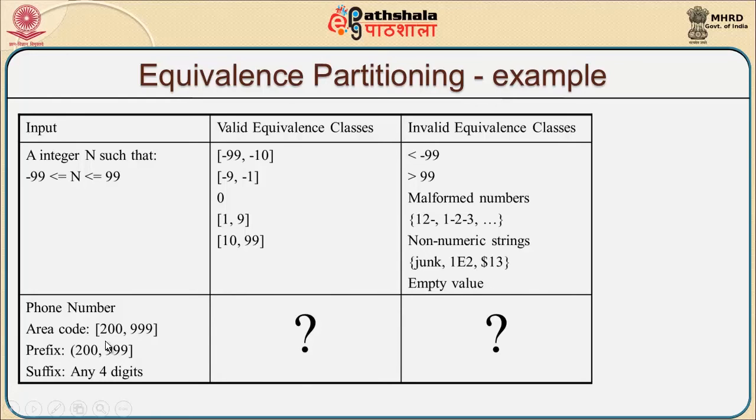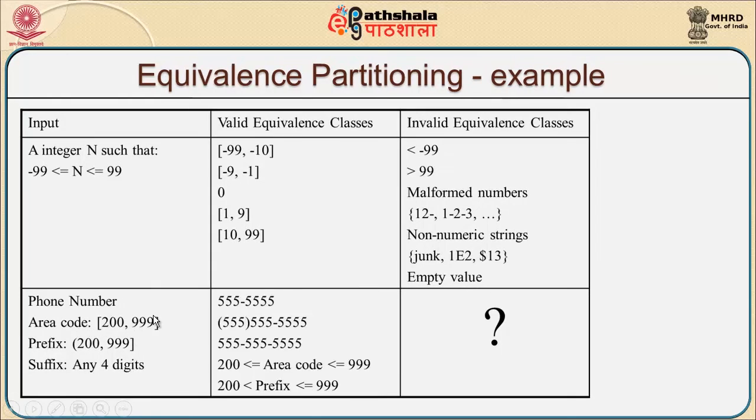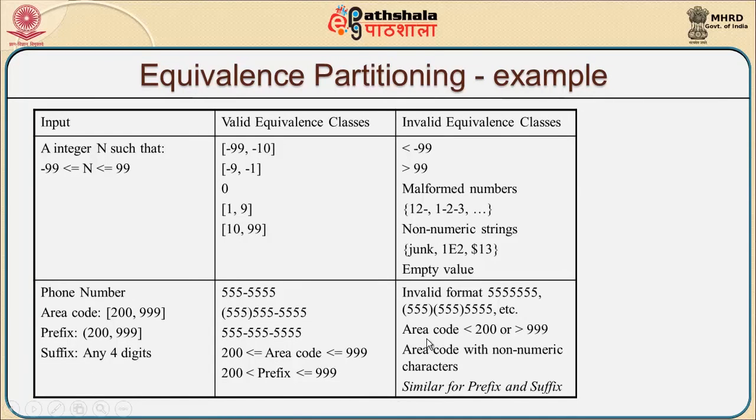Likewise, for another input like phone number, the valid equivalence classes are, say, for area code we have mentioned 555, and for suffix we have mentioned four 5s, wherein we have mentioned any 4 digits. And area code with prefix and suffix has also been mentioned, and these are various formats through which we can mention all of the valid inputs, whereas the same becomes invalid if we do not segregate.